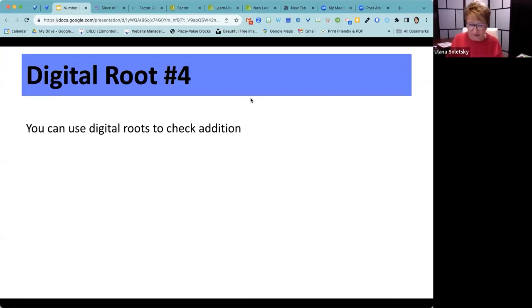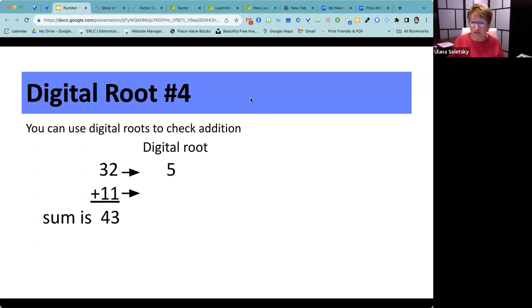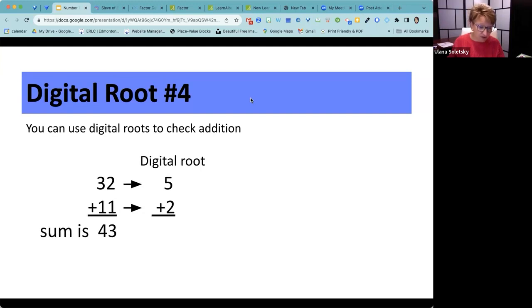Well, watch this. If I do 32 plus 11, the sum is 43, right? But I can use digital roots to find the answer. The digital root of 32 is 5. 3 plus 2 is 5. The digital root of 11 is 2.